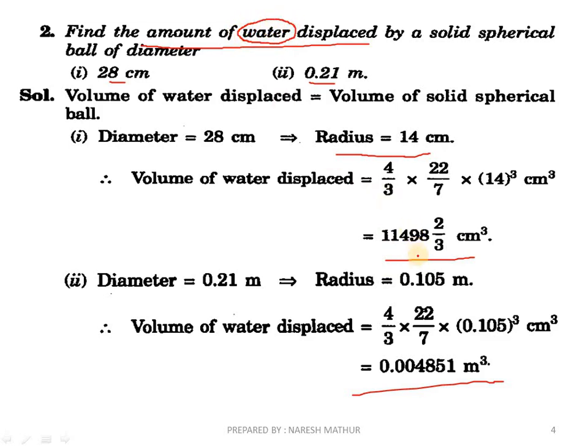So in place of meter cube we can simply put kiloliter, KL, so the answer will be the same, and for centimeter cube we can divide by 1000 and simply apply the unit as liter.